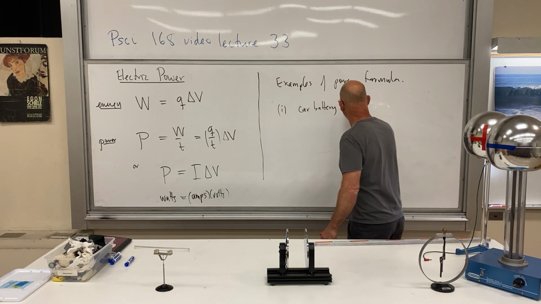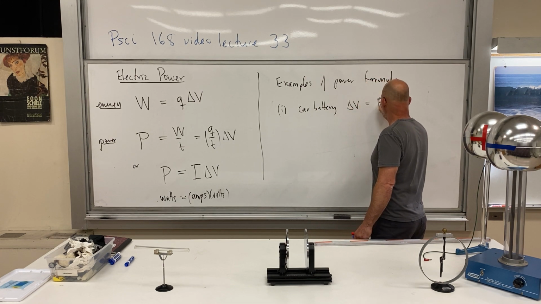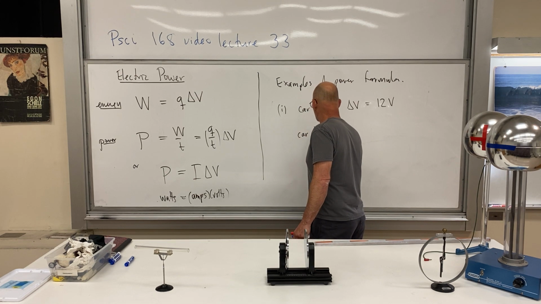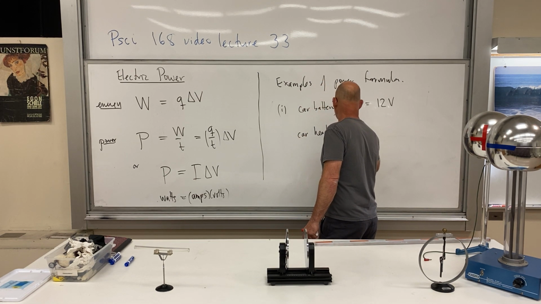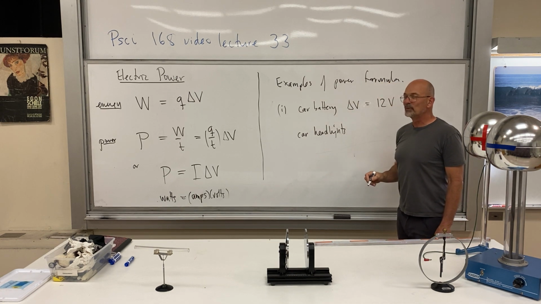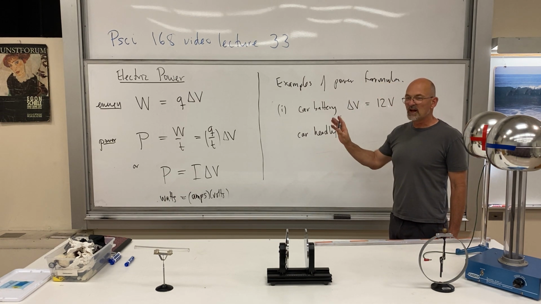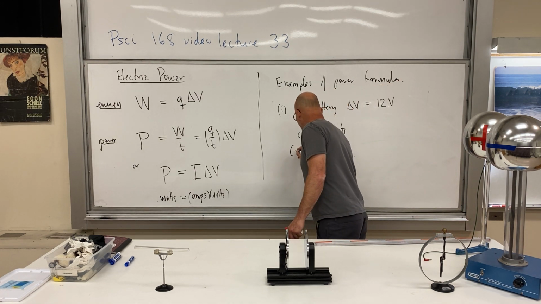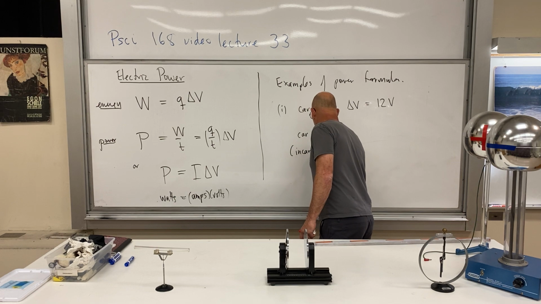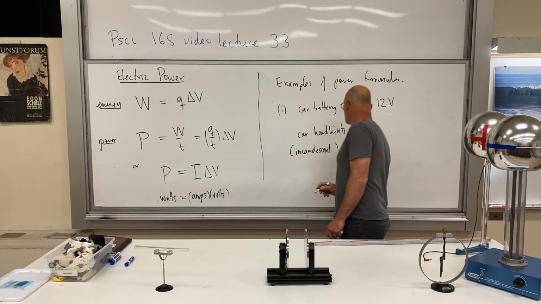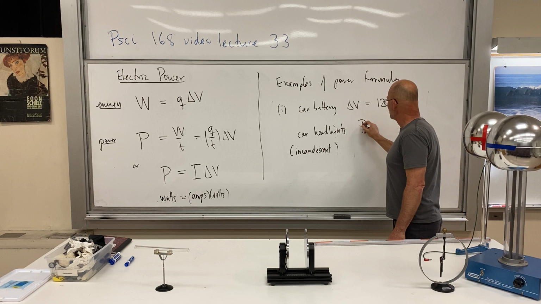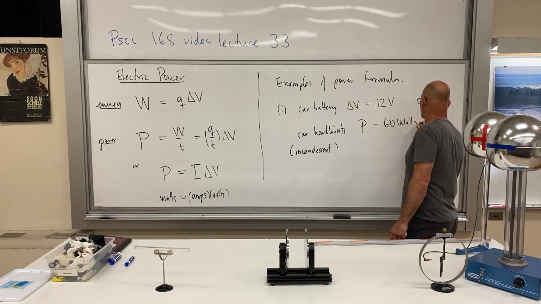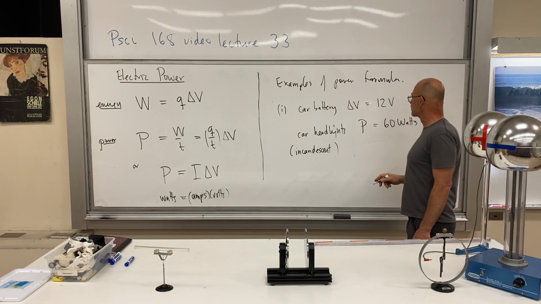So car battery delta V equals 12 volts. Car headlights, at least until recently, LEDs use a lot less energy, but we need to first talk about incandescent bulbs. So I'm just going to write here incandescent. So car headlights power could be, say, 60 watts for one or both. Okay, 60 watts for a car headlight.